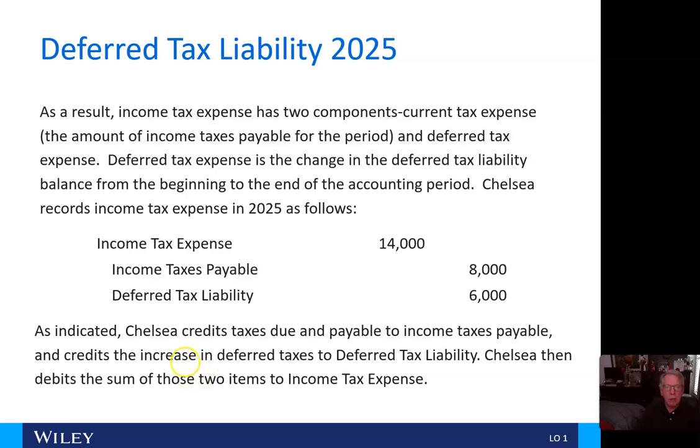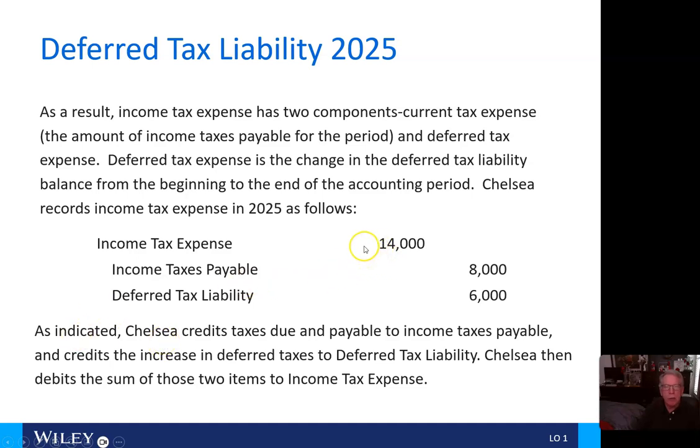The current tax expense, that's the amount of the income tax payable for the period, and deferred tax expense. Deferred tax expense is the change in the deferred tax liability balance from the beginning to the end of the accounting period. Chelsea records income tax expense in 2025 as follows.